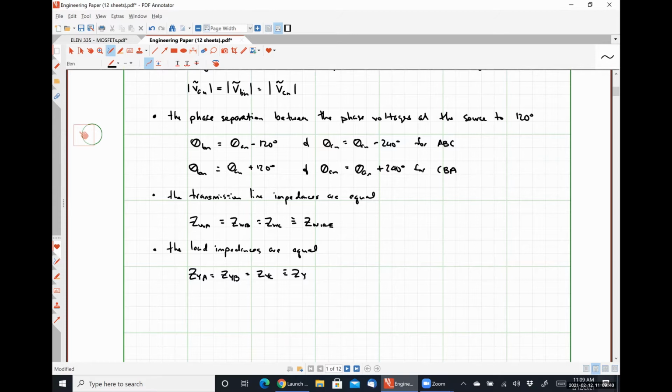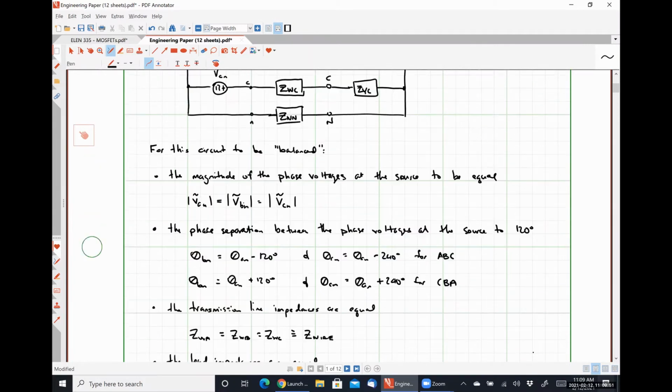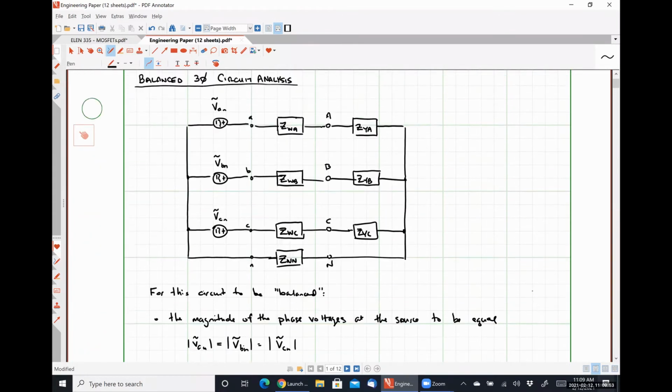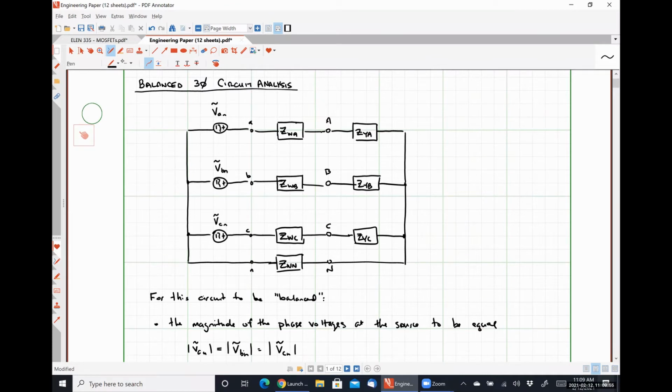So we can really see the advantages of analyzing a balanced YY system if we find the line currents in the system. So I'm going to go up here real quick and define what those line currents are, just so that we're all on the same page. So my line currents are, by definition, the currents flowing through my transmission lines.